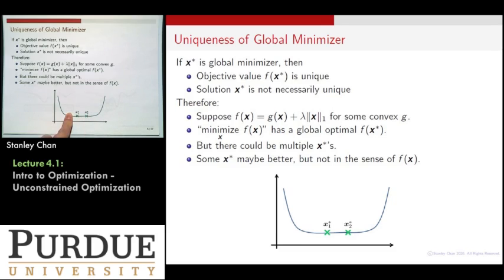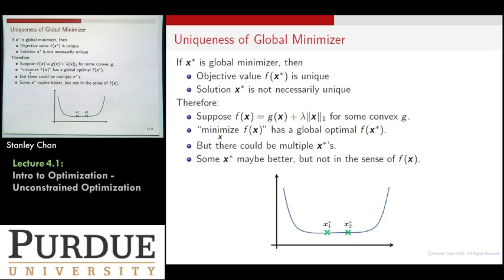The value evaluated at these points, they have the smallest value. So they are the minimizers. And are they global? Yes, they are global because for the entire range, it is the smallest. Are they unique? No, they are not unique because you can find multiple of them. Because it is flat, you have multiple of them. So being a global minimizer does not imply that they are unique global minimizers.